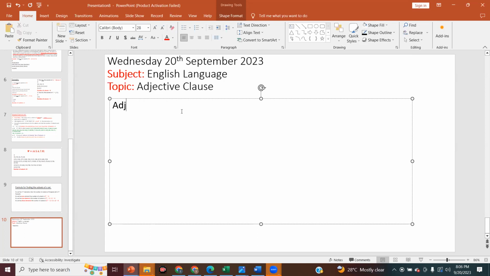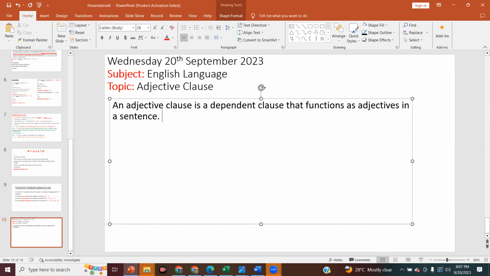So let's write this down. Definition: an adjective clause. First of all, an adjective clause is actually a dependent clause that functions as an adjective in a sentence.